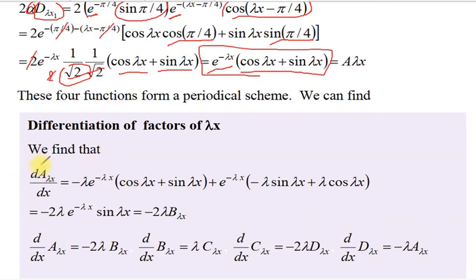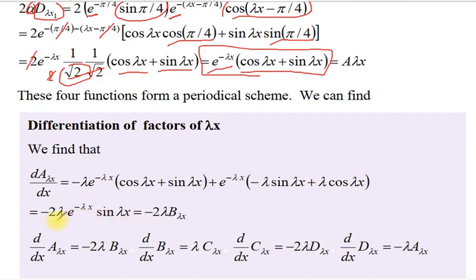We find that the differentiation of A lambda x with respect to x, dA lambda x over dx equal to minus lambda e to the minus lambda x cosine lambda x plus sine lambda x plus e to the minus lambda x minus lambda sine lambda x plus lambda cosine lambda x, which is equal to minus 2 lambda e to the minus lambda x sine lambda x.